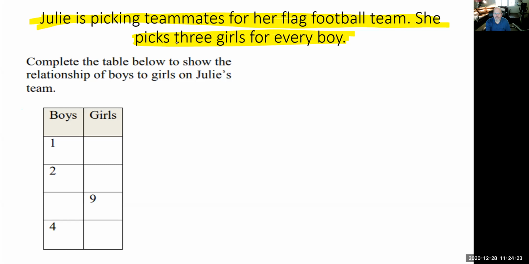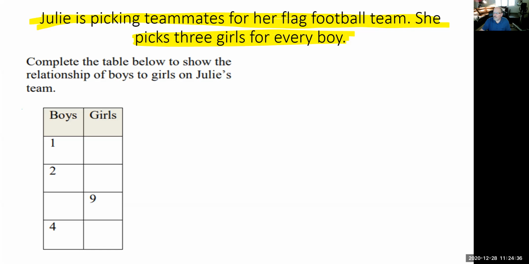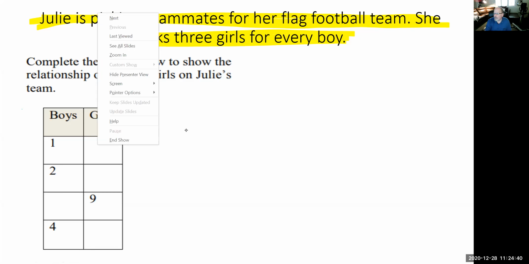Here we have three girls for every boy. So when we fill in a table, we're going to have three.